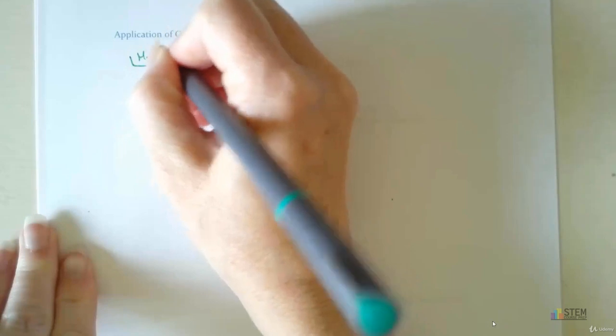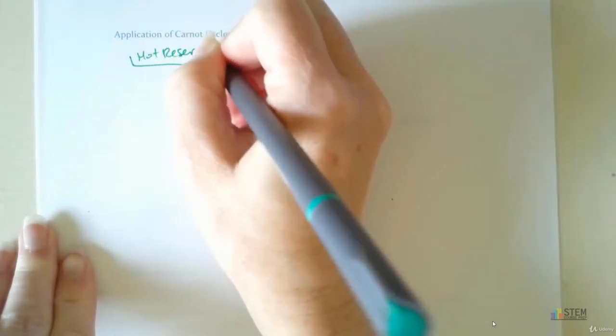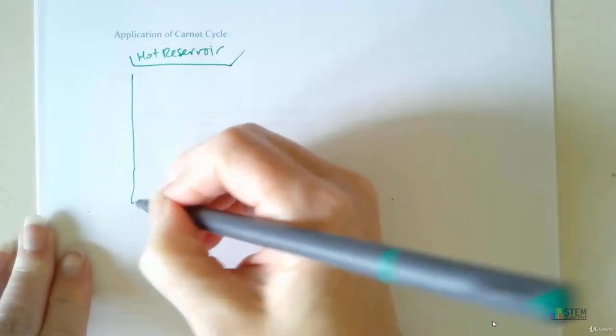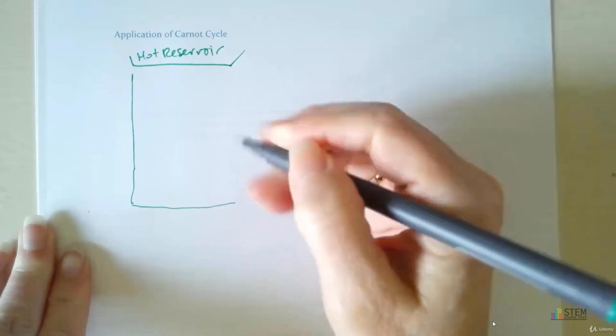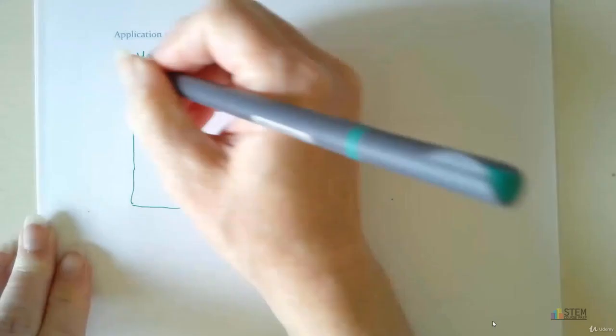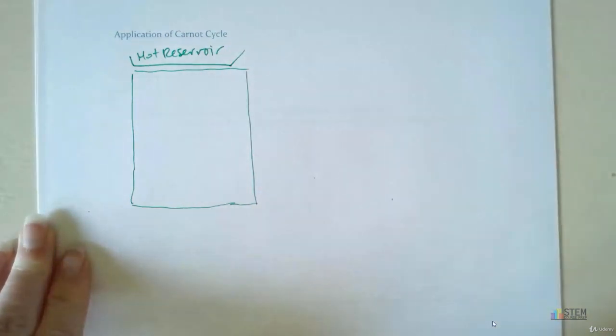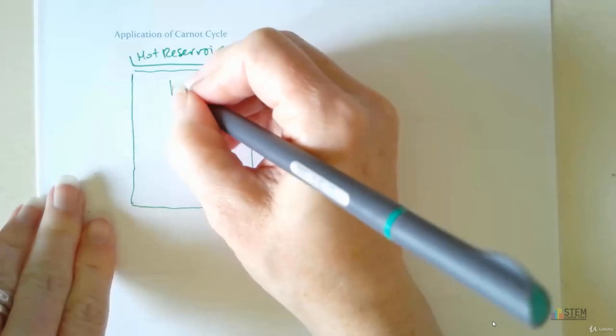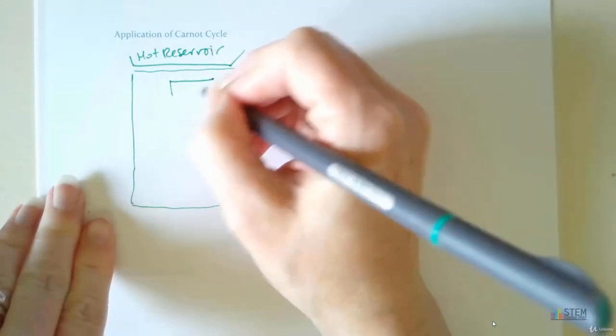We're going to have a hot reservoir, and below that, let's draw this system. Okay, so we got a system here, and let's say we've got a boiler here.